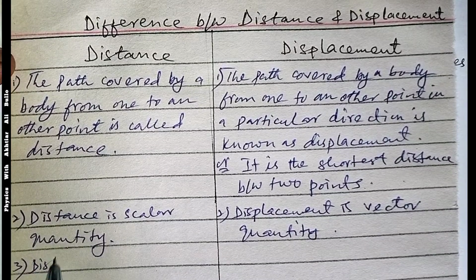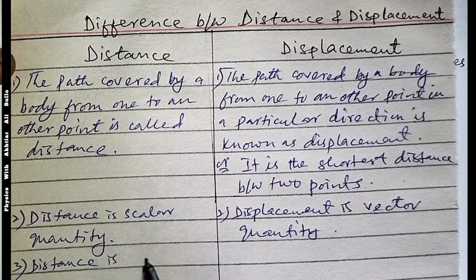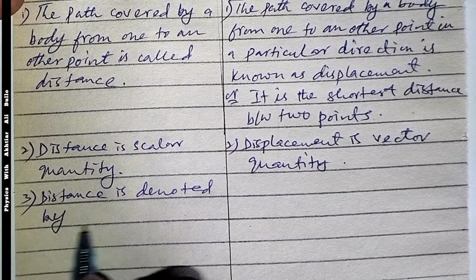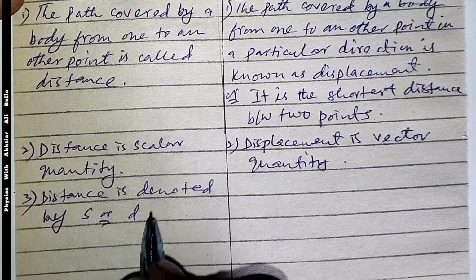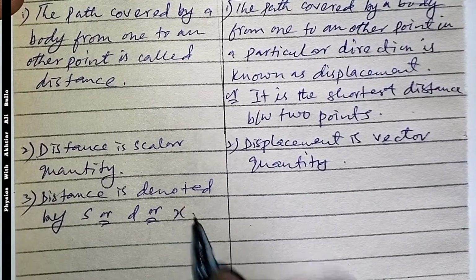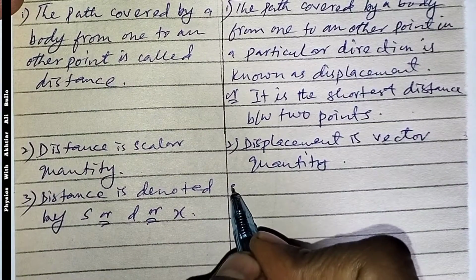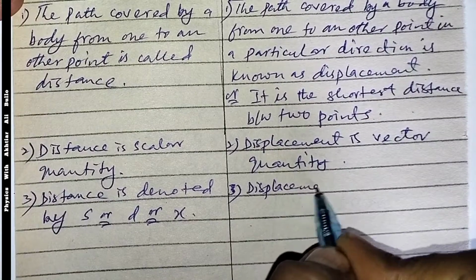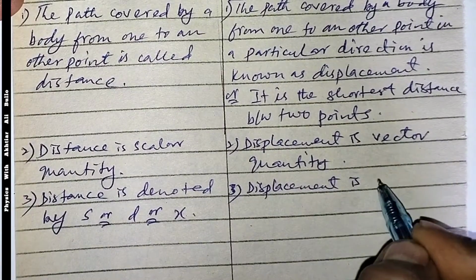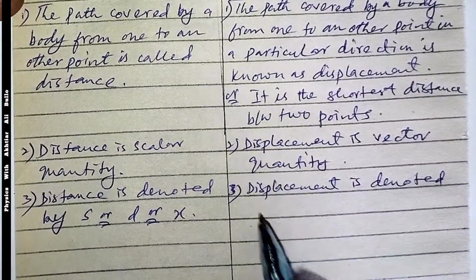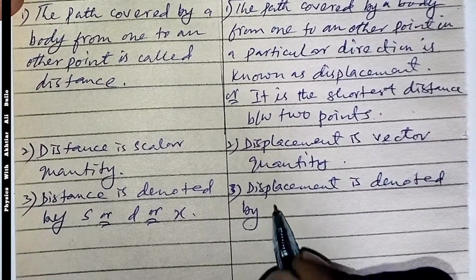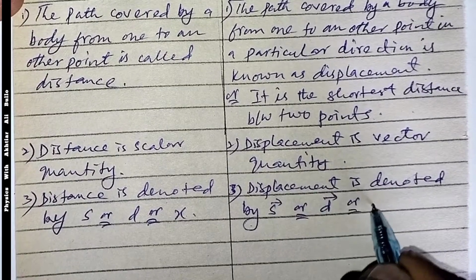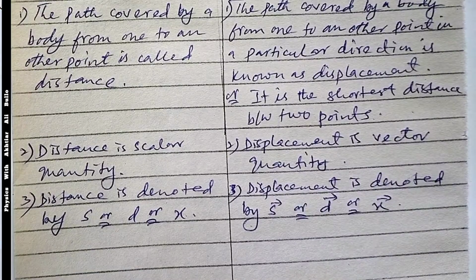Distance is denoted by S or D or X. Displacement is denoted by S arrow or D arrow or X arrow.